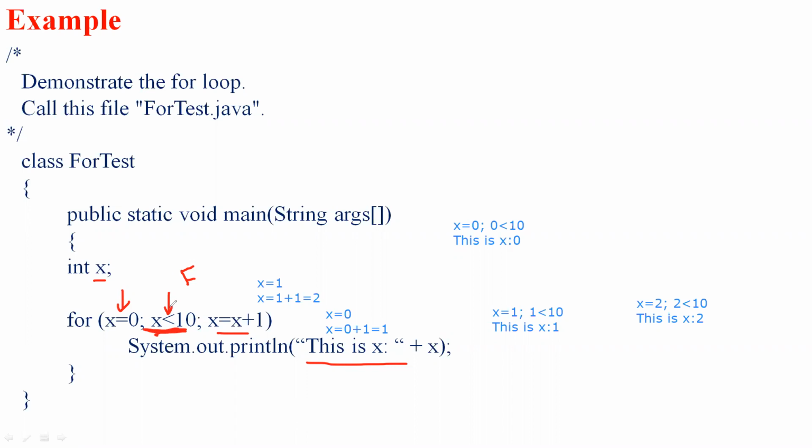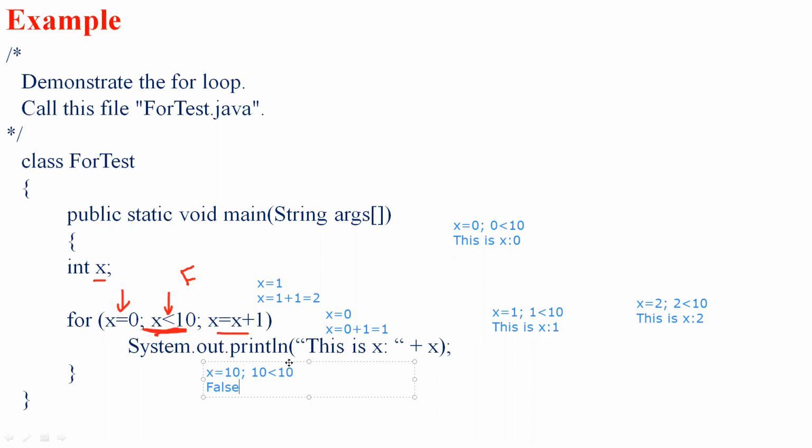So on reaching the point where the value of x is 10, I check whether 10 is less than 10. Since it is false, I'm going to come out of the for loop.